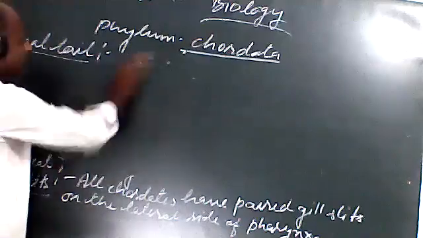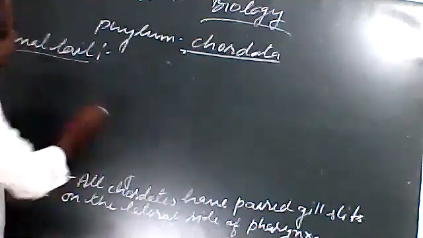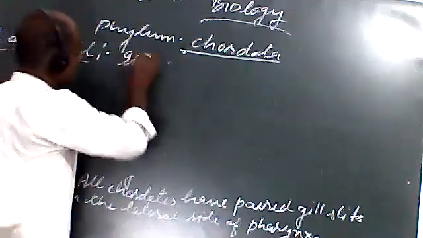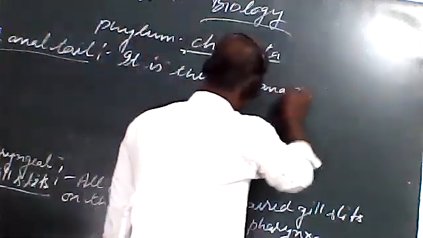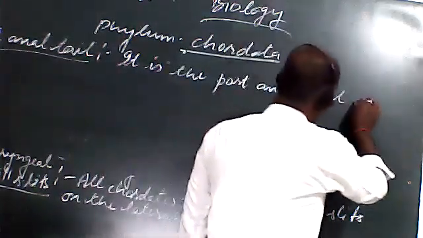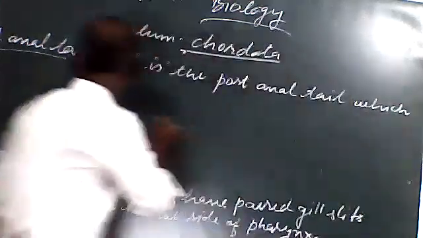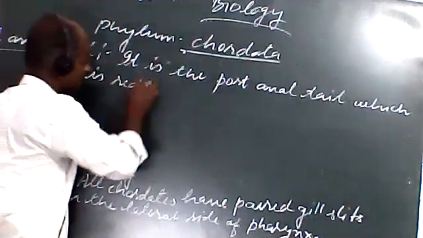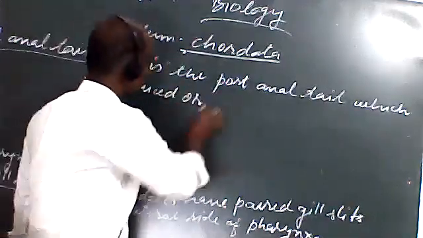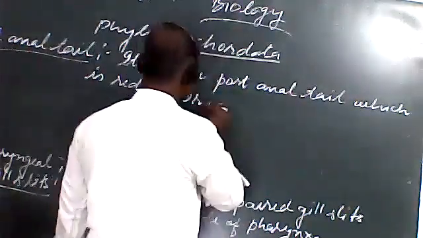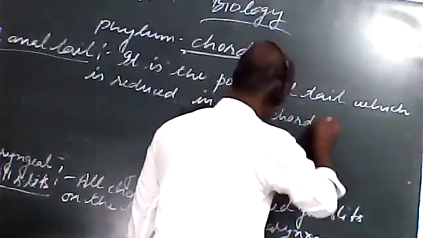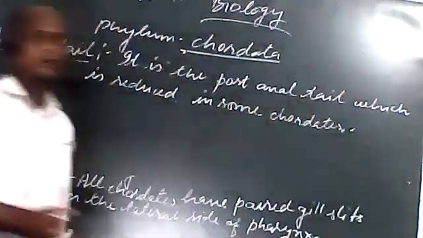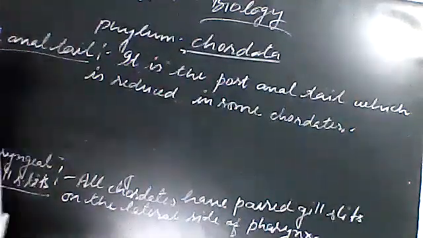In many chordates there is absence, or it is reduced in condition, but there is presence of a tail. It is reduced in some chordates and in many adult chordates also.